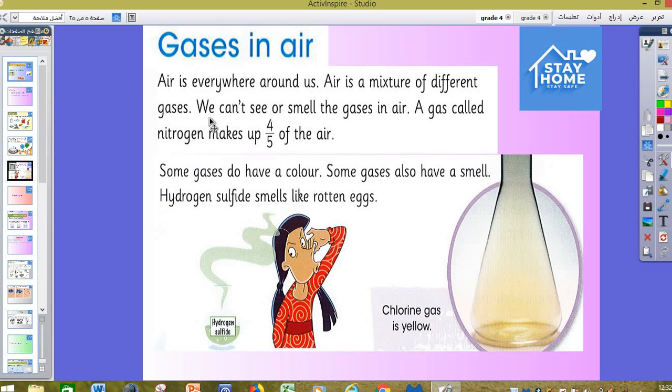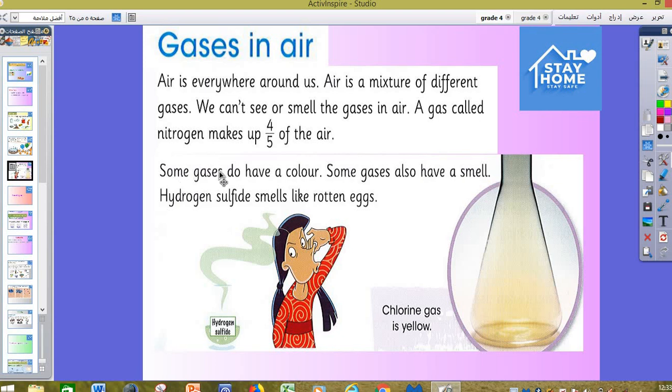I need you to know that we cannot see or smell the gases in air. A gas called nitrogen makes up a large percentage of the air.